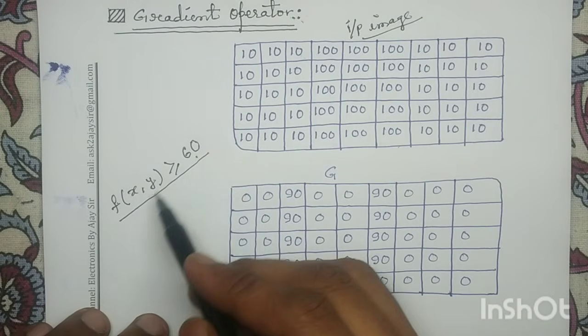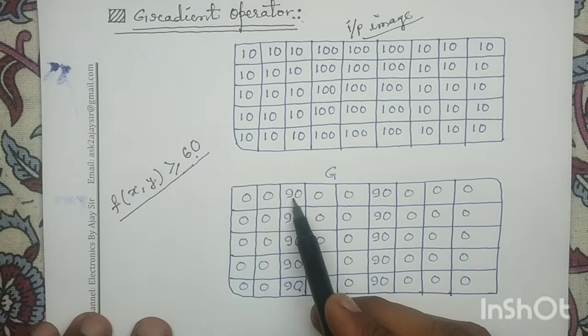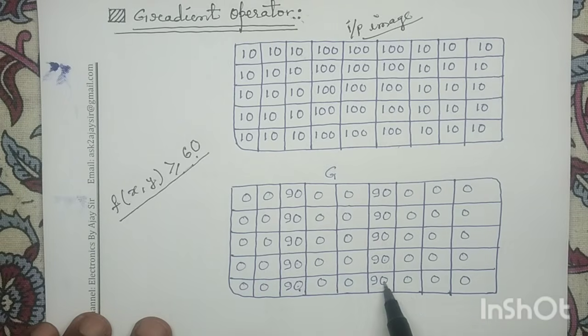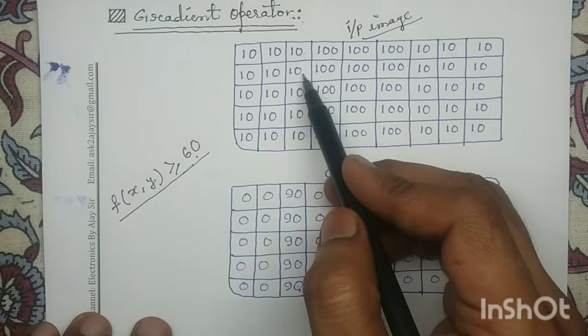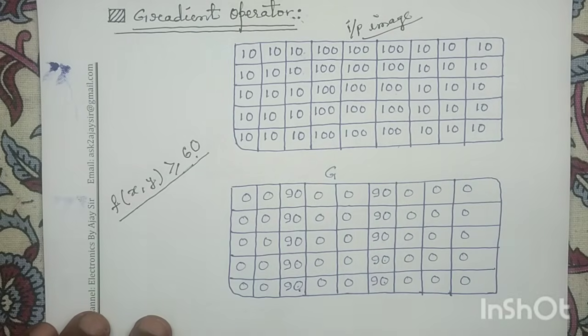So if you apply this thresholding condition on this magnitude matrix of the gradient operator, you will find only these pixel locations will satisfy this condition, and hence in the input image these are the locations of the edge segment present in this given input image.